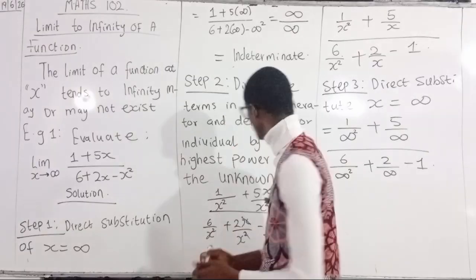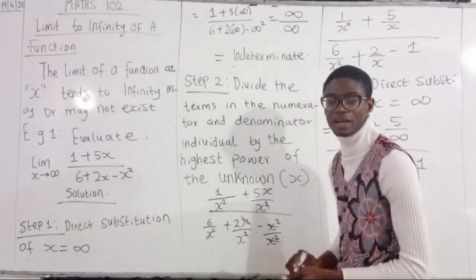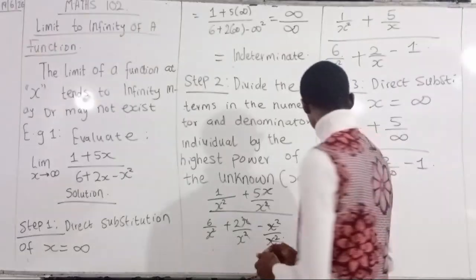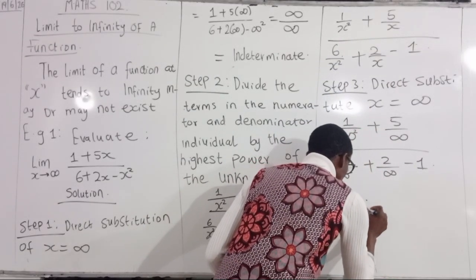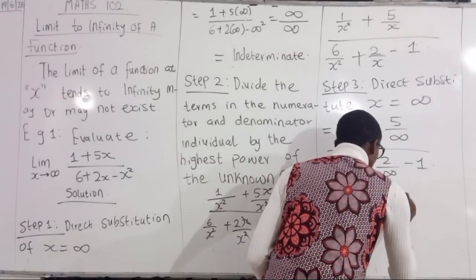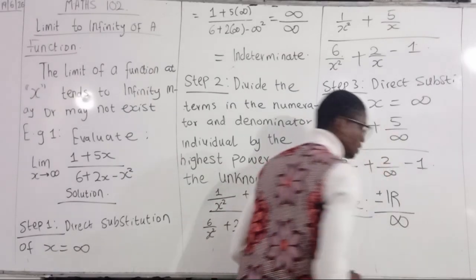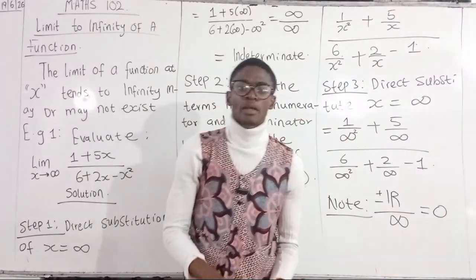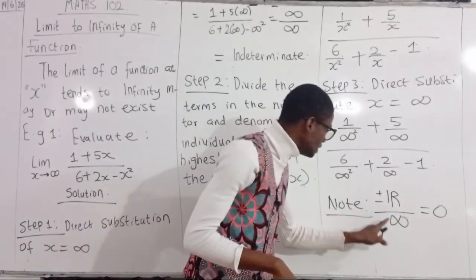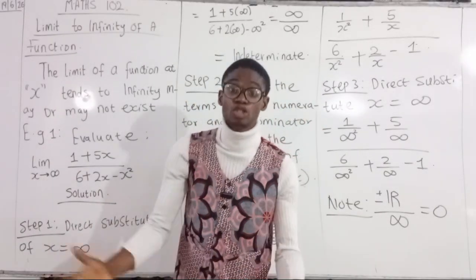Now what will it give you? If you take 1 over infinity, what will you have? Note that anytime you have a real number, whether positive or negative, dividing infinity, you get 0. And I'll explain the reason why. A real number dividing infinity means a real number dividing a very large number.